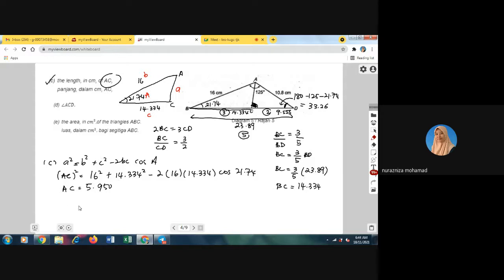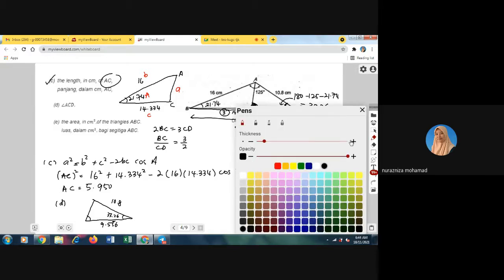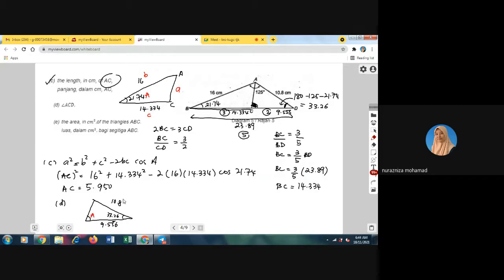I redraw the triangle first. The triangle is like this. This is the angle that we want to find out. The length here is 9.556. Here is 10.8. Here is 33.26. Now you label the triangle. This one you want to find out, so this is A. The opposite side is small a.